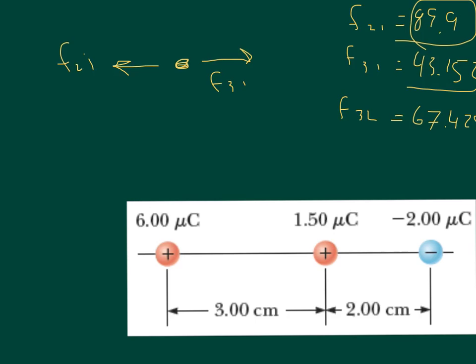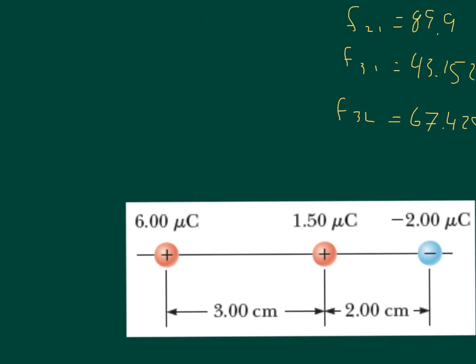So the total force on Q1 is equal to 46.748 newtons, and you can determine whether it's to the right or left, because if we have F21 minus F31, and that's a positive number, then it's going in the direction of F21. So it would be moving to the left.